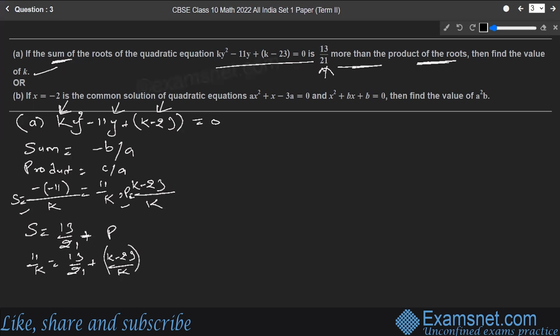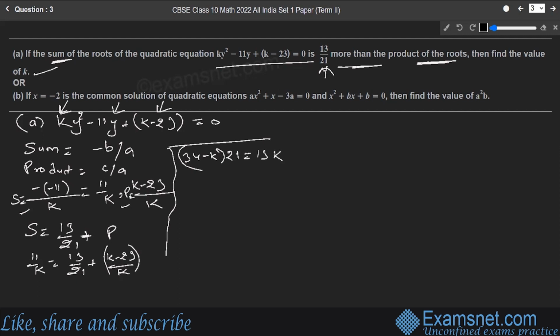If we try to frame an equation out of this, it can be framed as 34 minus k times 21. Okay, we have taken the LCM here between k and k. So 34 minus k times 21 is becoming 13k.